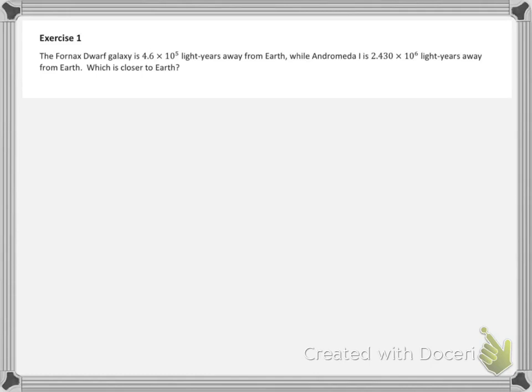Well, the best way to do this is to make both of our powers of 10 the same, and then compare our numbers. So I could change the 10 to the 5th into 10 to the 6th, or I could change the 10 to the 6th into 10 to the 5th, and we're going to do that one.